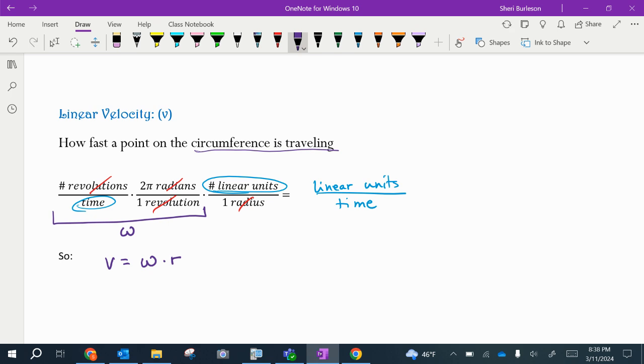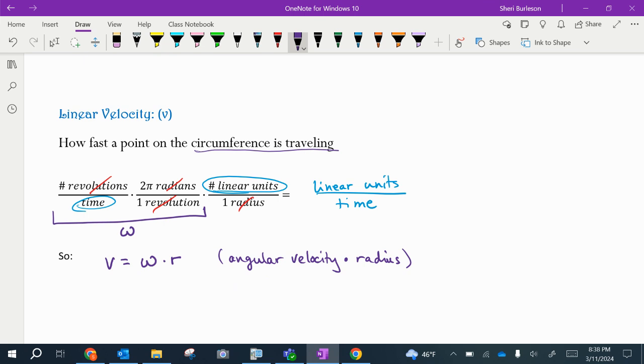This is the linear unit per radius. I'm not dividing out the radius length. I'm dividing out the radius unit of measure, because it's a linear unit of measure for the radius. So I can also find my linear velocity by taking my angular velocity and multiplying by the radius.